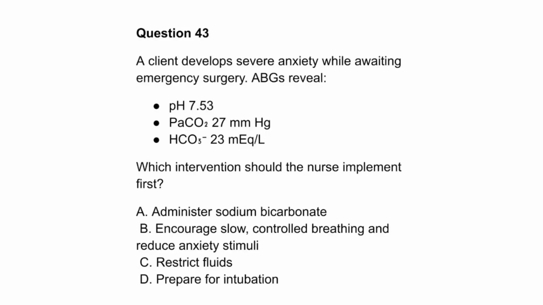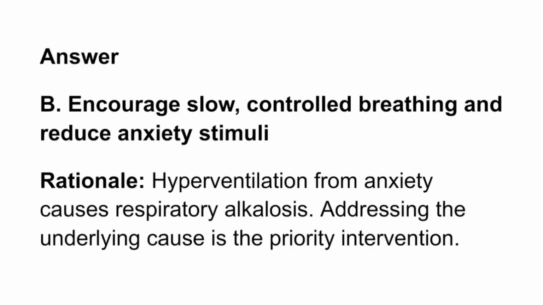B. Encourage slow, controlled breathing and reduce anxiety stimuli. C. Restrict fluids. D. Prepare for intubation. Answer: B. Encourage slow, controlled breathing and reduce anxiety stimuli. Rationale: Hyperventilation from anxiety causes respiratory alkalosis. Addressing the underlying cause is the priority intervention.